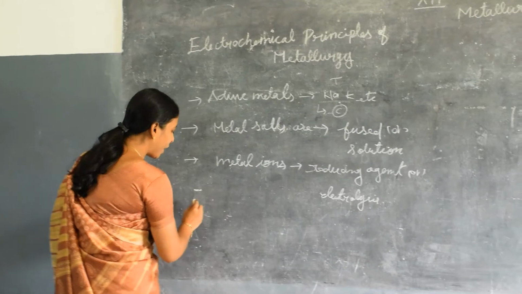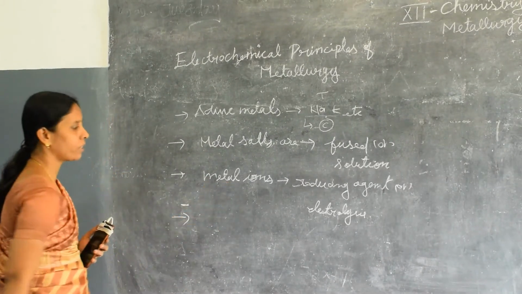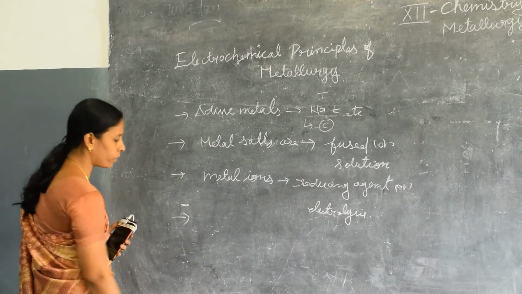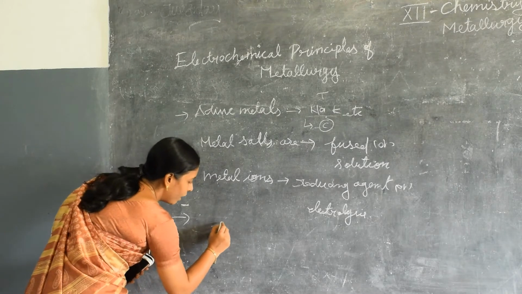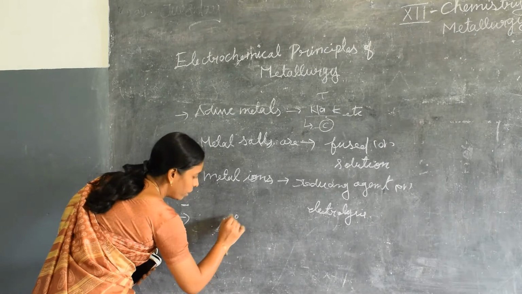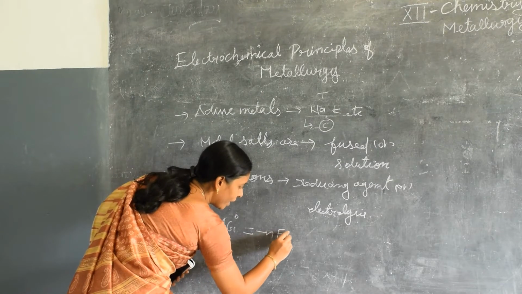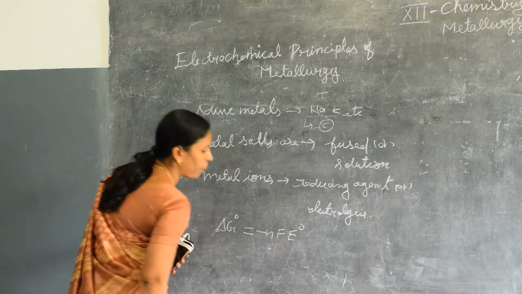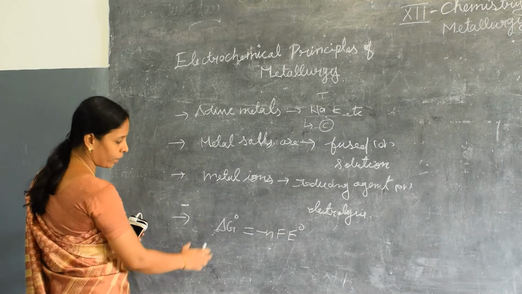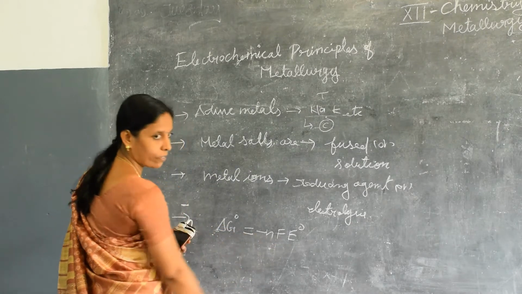After the reaction, the free energy for the electrolysis process is given by delta G naught equal to minus nFE naught.